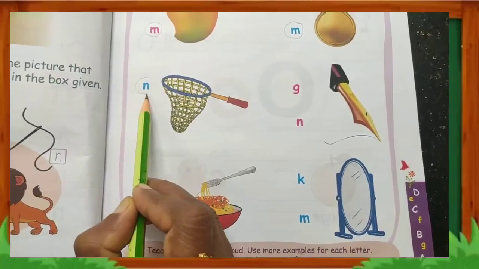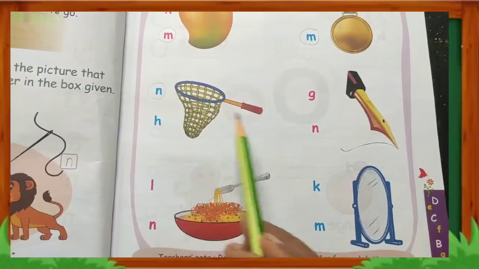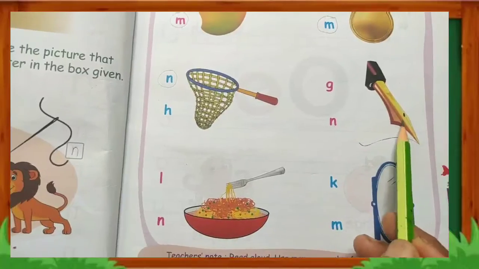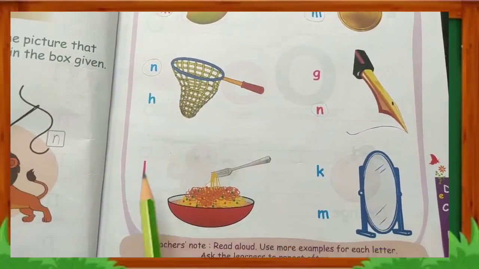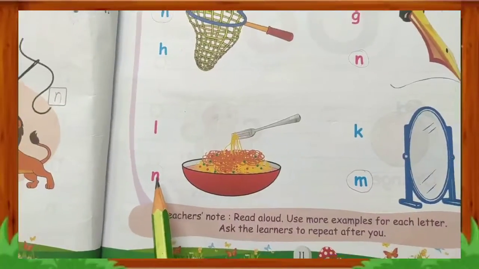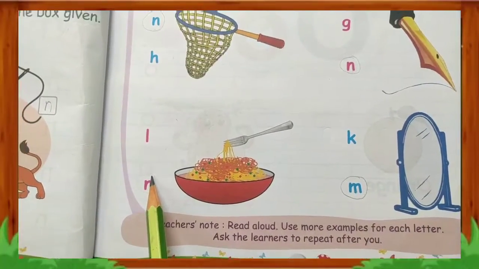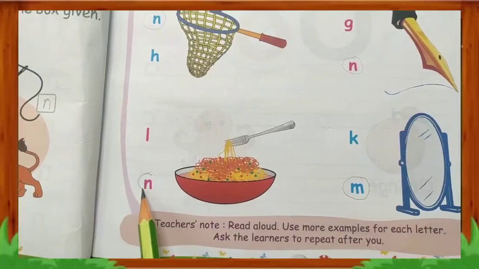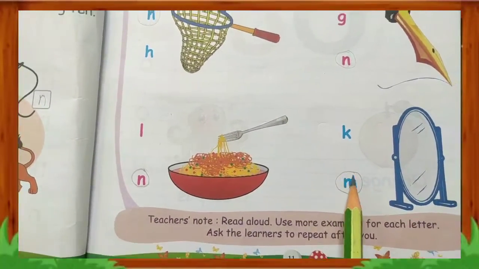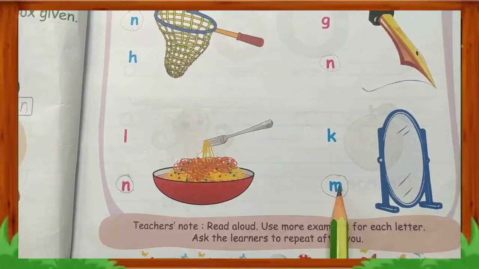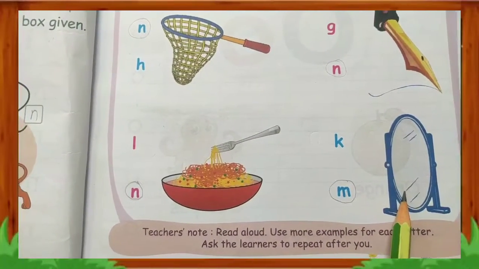Circle N. N for nib. Circle N. Circle N. N for noodles. Circle M. M for mirror.